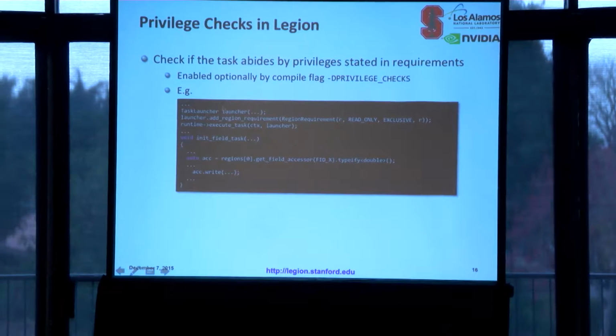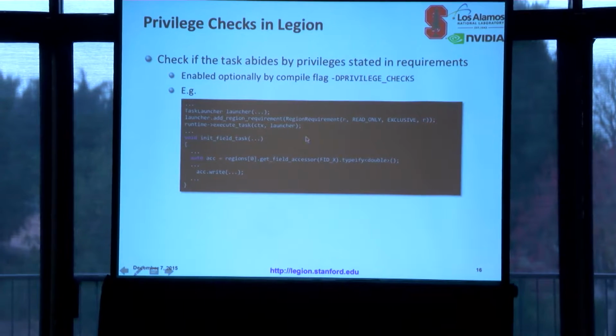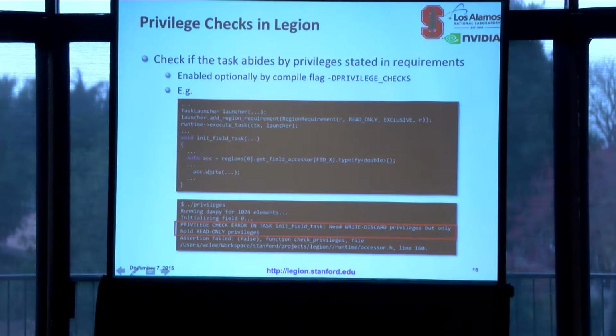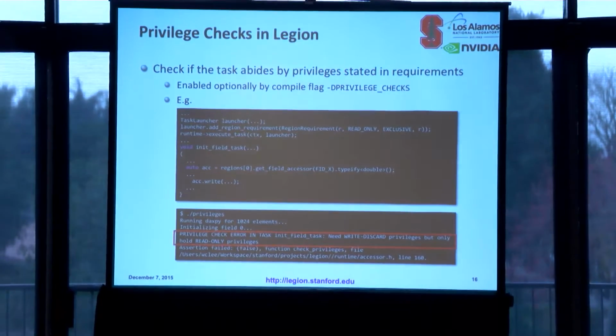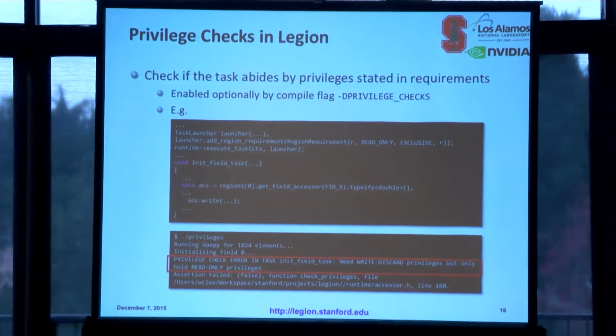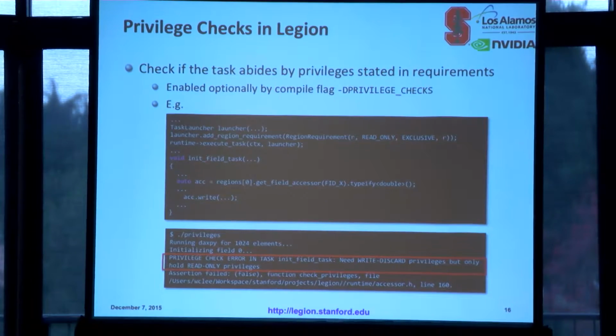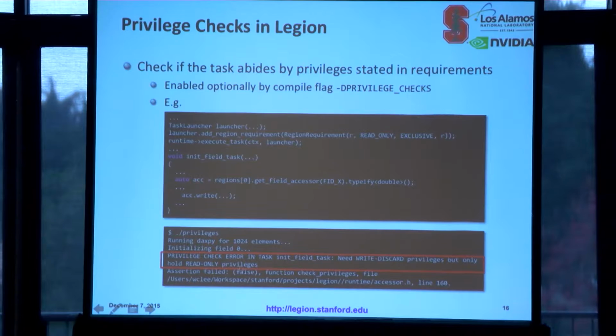So for example, here I request a read-only privilege for this logical region, but somehow here I'm doing a write operation to the logical region, which means that I'm violating the region requirement. But this kind of violation cannot be detected statically by the C++ compiler, so we add a compile time flag to insert these privilege checks and report when there is a violation here.